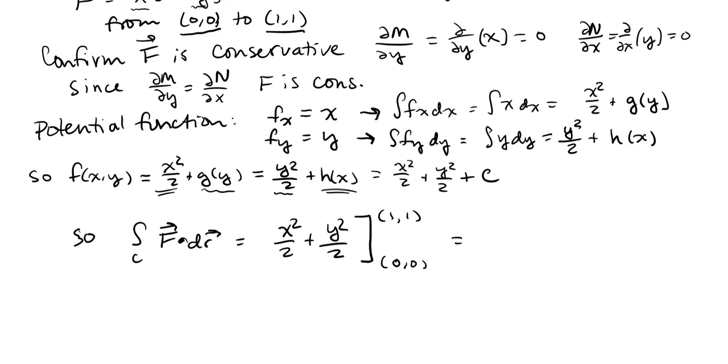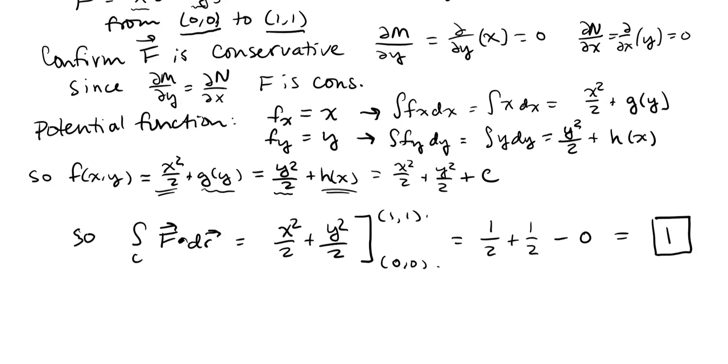So we're going to plug in 1, 1 first, same kind of pattern as before. Plug in your b first and then followed by your a. So we'd have 1 squared over 2, which is a half, plus 1 squared over 2, which is another half. And then we would subtract off plugging in 0, 0, which is just going to give us 0. And you'll notice that we get 1, which is what we saw in all of the previous examples.